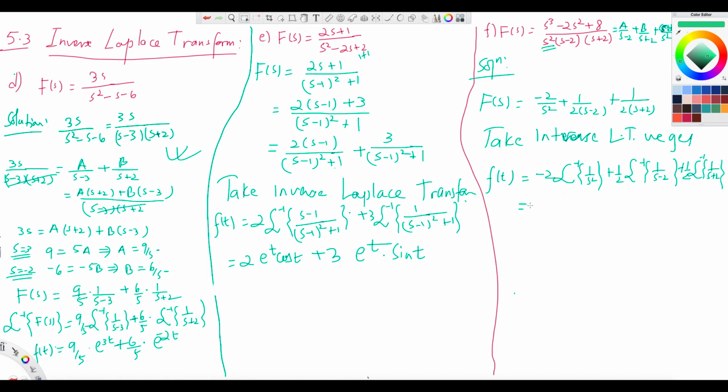So what do you get? Negative 2. What is the function whose Laplace transform is 1 over s squared? That is just t, right? So that will be just t, plus 1/2.